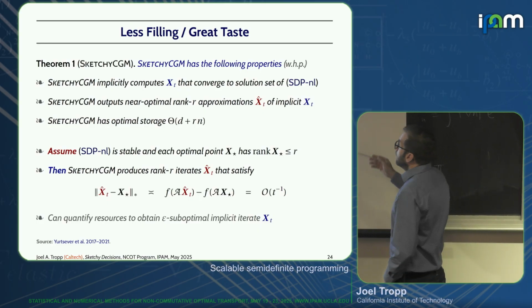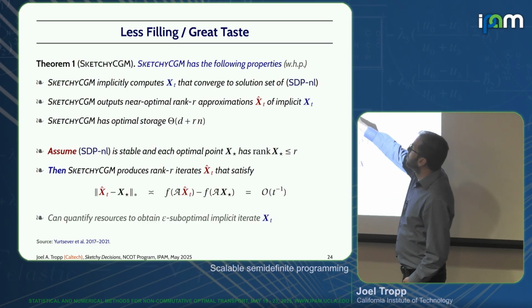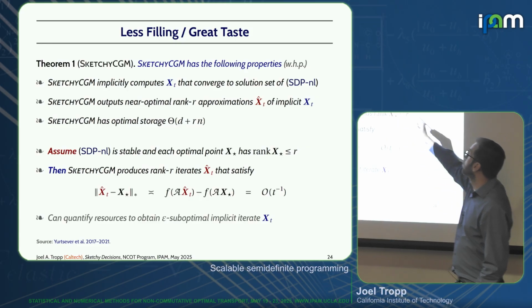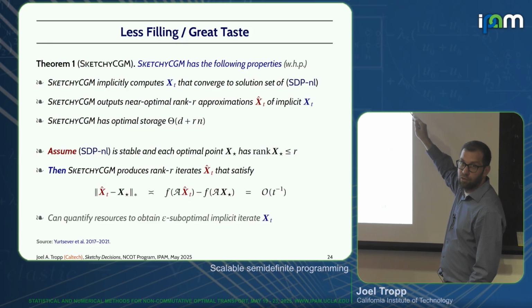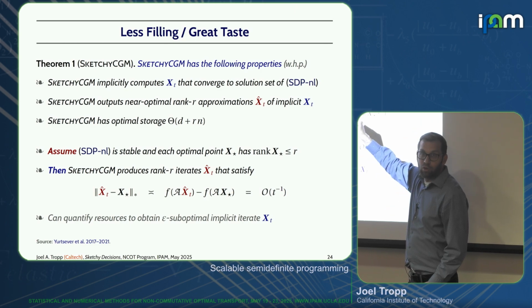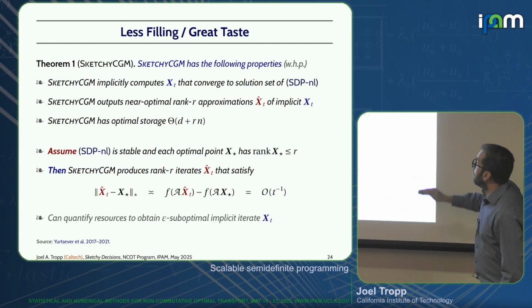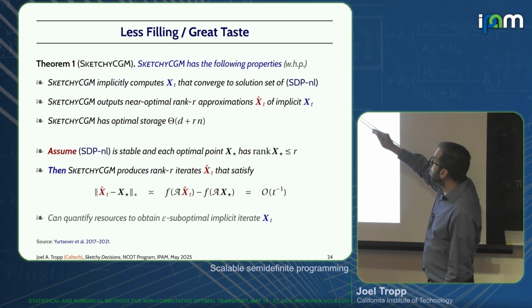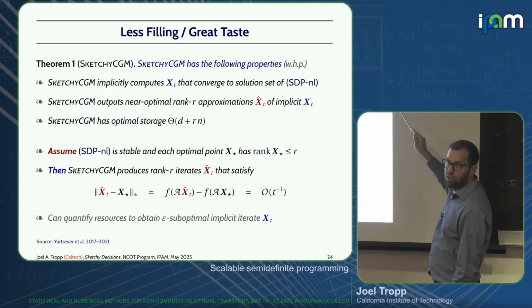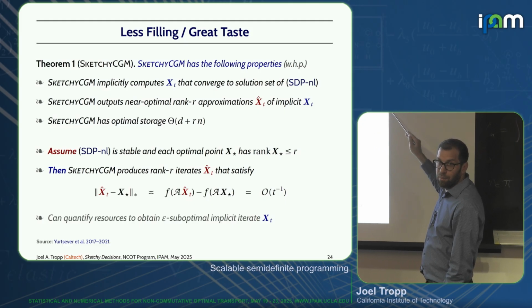And so implicitly, this algorithm computes a sequence of matrices that converges to the solution set of the SDP. And these x_t are the iterates of the conditional gradient method, but we never actually see those. The algorithm computes near optimal rank R approximations x hat t to the trajectory of the conditional gradient method.